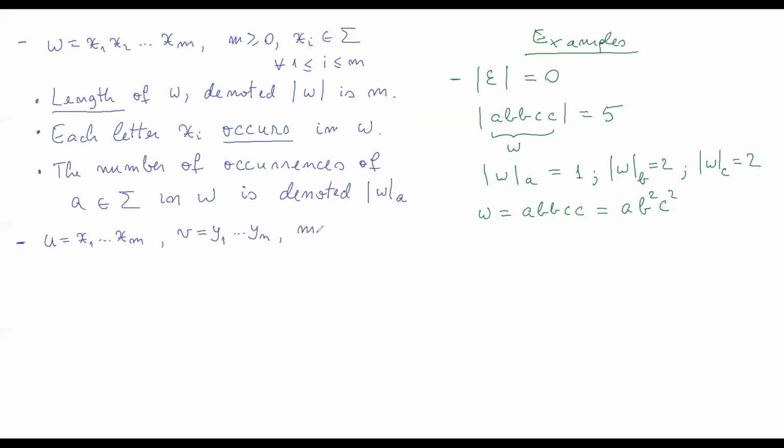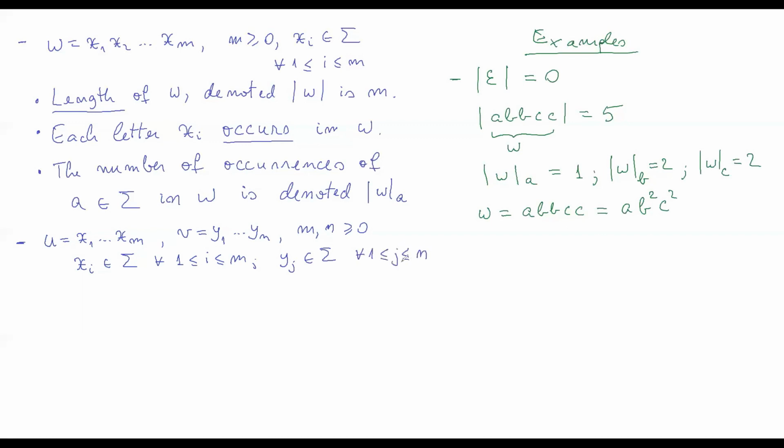So we have m and n greater than or equal to 0, and we have xi in sigma for all i from 1 to m, and we have yj in sigma for all j between 1 and n.